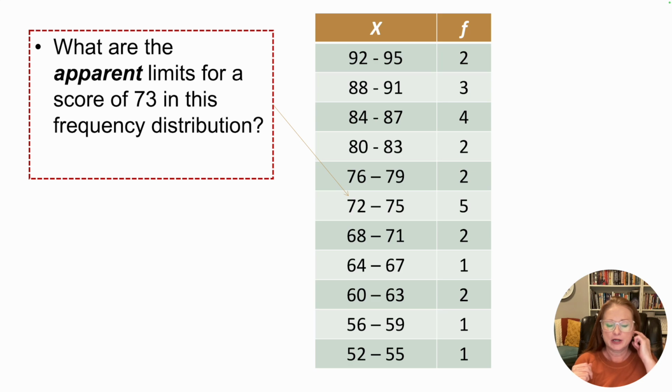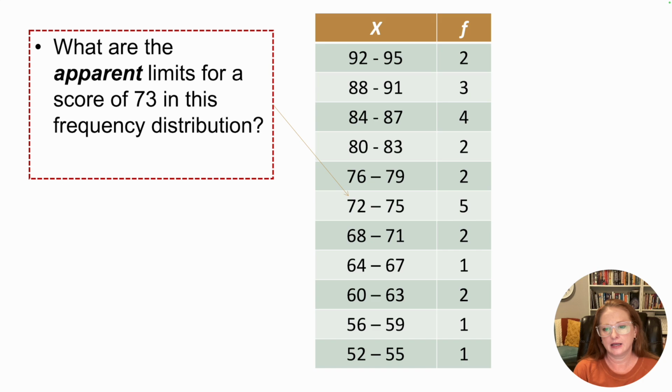I know we hit real limits pretty hard in the last lecture. If you take a look at this one, say I'm recording the weight of 5th graders or 7th graders. I have no idea how much little kids weigh. If I take someone's recorded weight and I say Sally weighs 72 pounds and Marcos weighs 74 pounds, they're going to be put in the same category of 72 to 75.